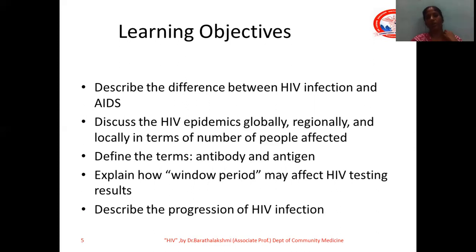That is called progression of HIV infection. This progression will not happen in a day or a month. It will take years. It can take 3 to 5 years for the person to go into the clinically symptomatic stage. So that is the long incubation period for HIV.